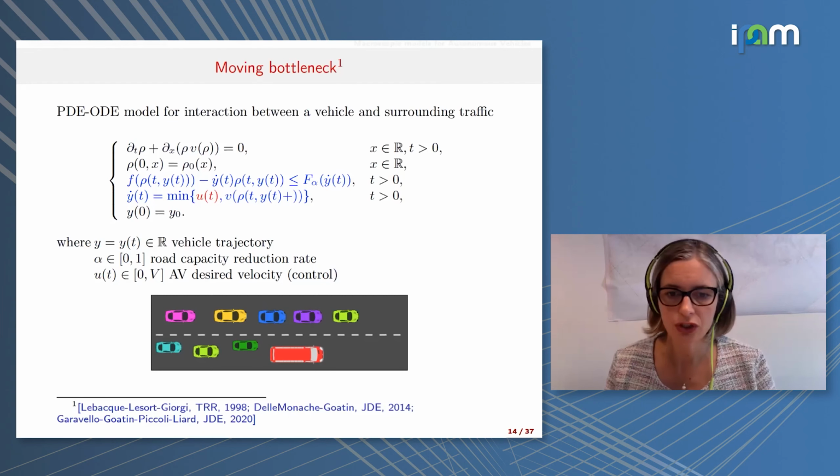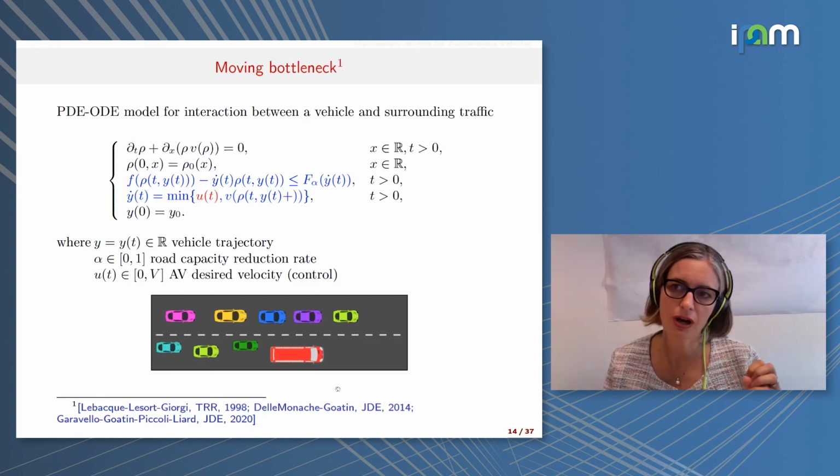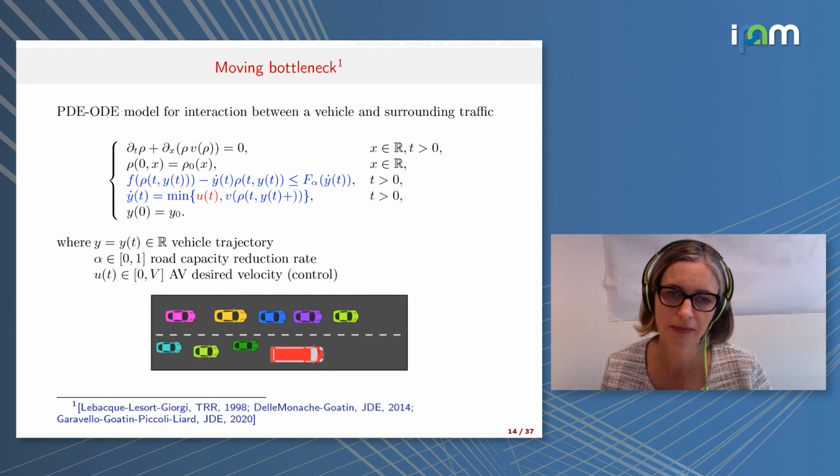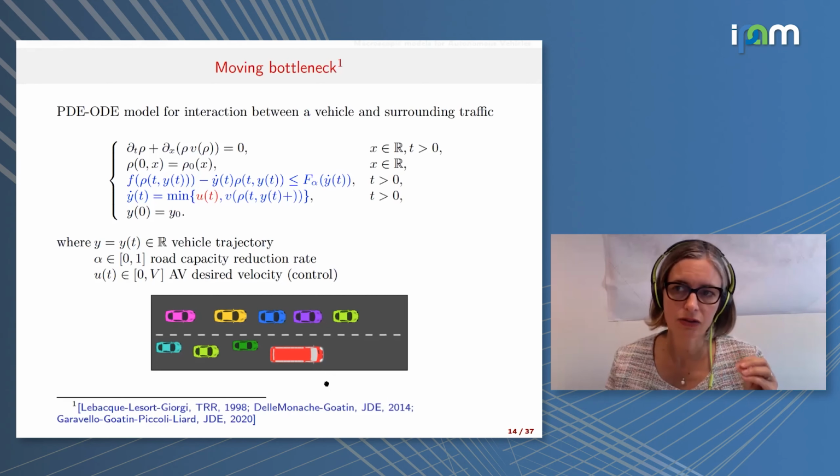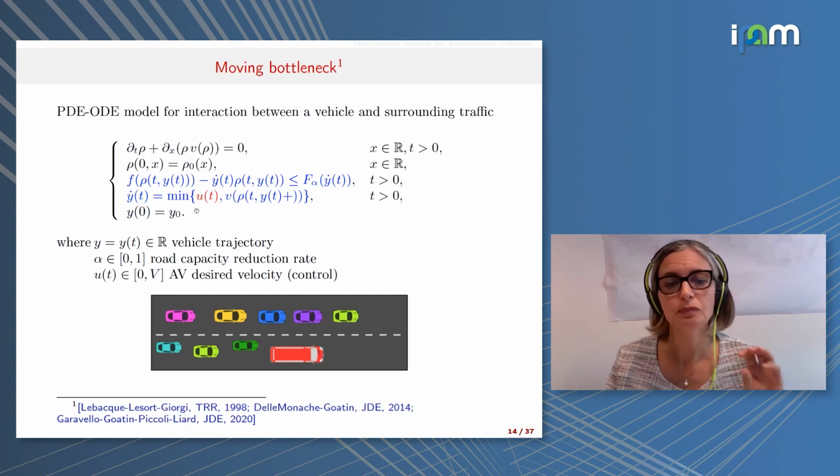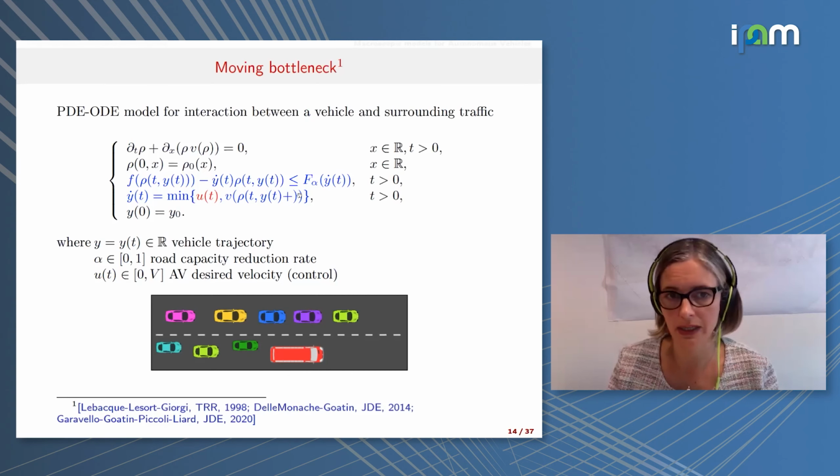For this reason, the dynamic of our vehicle is different from the average vehicle in the traffic, and is described separately by an ordinary differential equation that is given here.